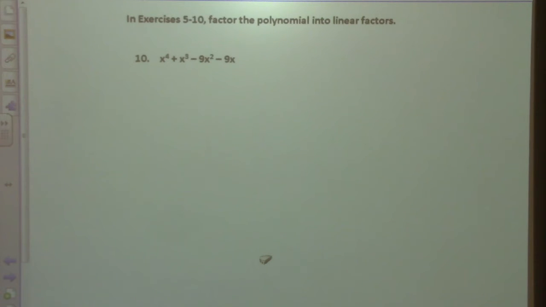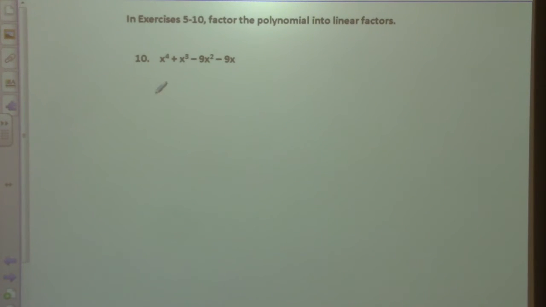Good. Elizabeth, did you get this one? No, I'm almost done, she said. Did you get this one, Karina? I'm working on it. He's working on it. Yeah, I got stuck. So you got stuck on this? Are you ready for me to start talking about this one? Elizabeth, are you ready for me to start talking about this one?